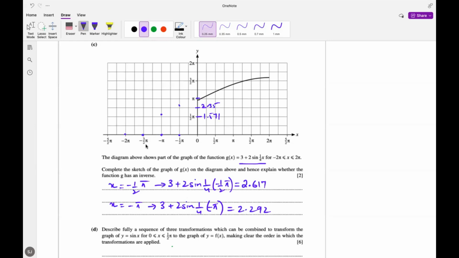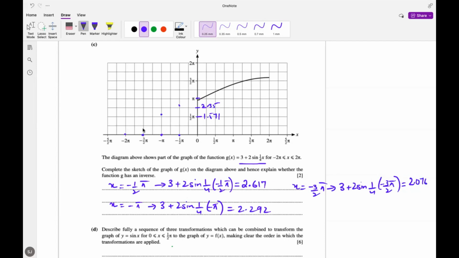When we substitute minus 3 upon 2 pi into the equation, we'll write it as 3 plus 2 sine of 1 upon 4 into minus 3 upon 2 pi. Substituting this in the calculator, the value will be 2.076.